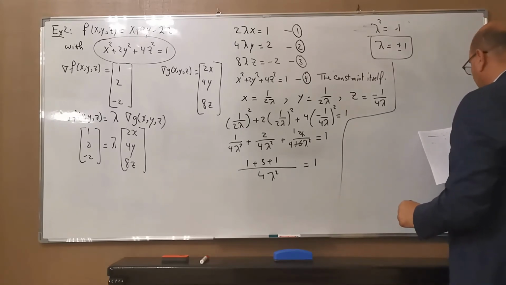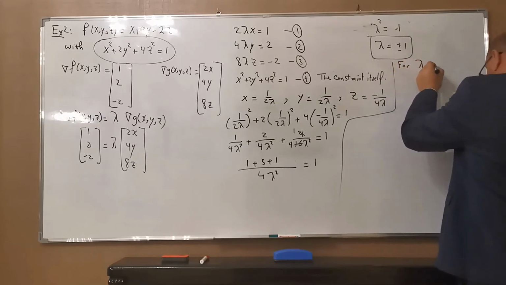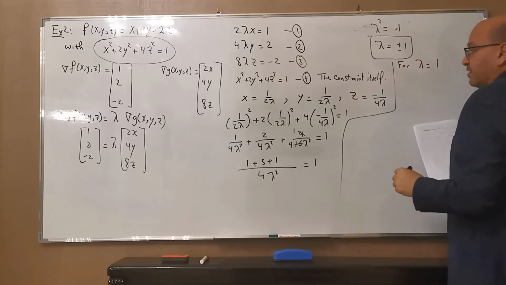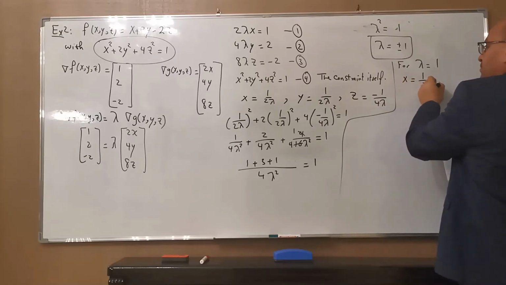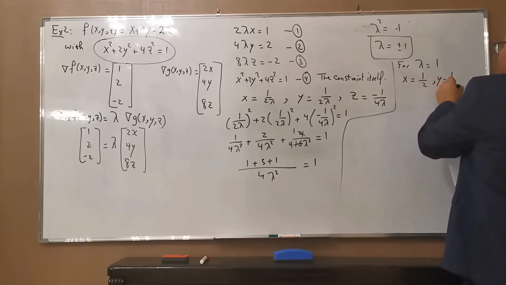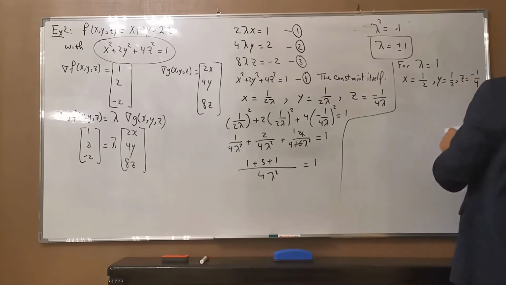Okay. So for lambda equals 1, x equals 1/2, y equals 1/2, and z equals minus 1/4.